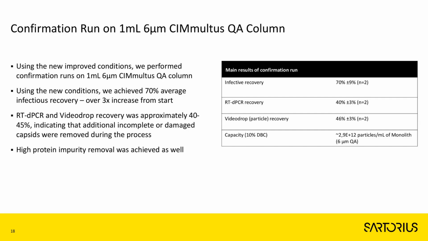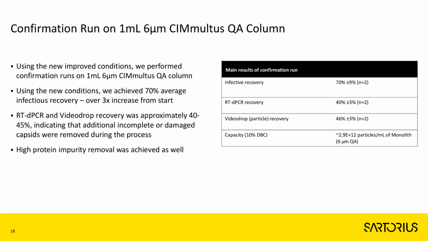And when we looked at the capacity, we determined it to be around 2.9 E12 particles per milliliter of monolith, and that is on a 6 micron channel QA column. The results from the RT-PCR and particle recovery, as mentioned, indicated that we could remove some particle impurities during the process.